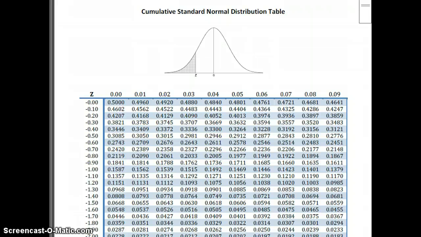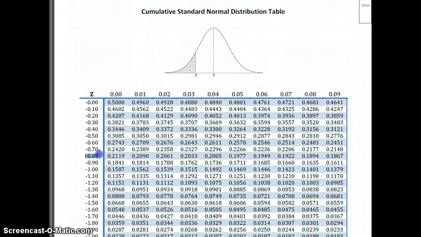Now we don't always have Z-scores that are rounded to the nearest tenth. Sometimes we have them rounded to the nearest hundredth. So let's say we were looking for a Z-score of negative 0.85. Again, I begin by looking at the column on the left. I go to negative 0.8, that's to the tenth.